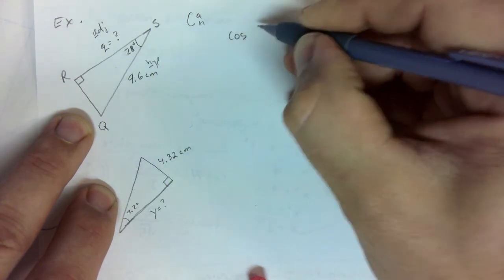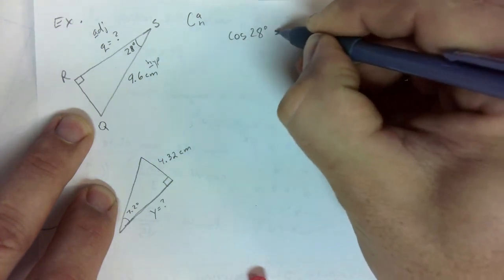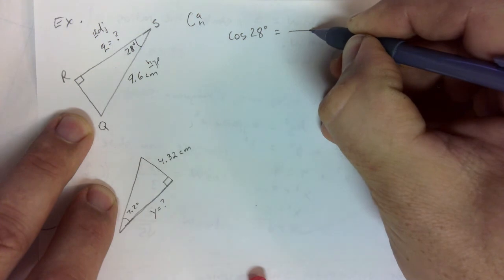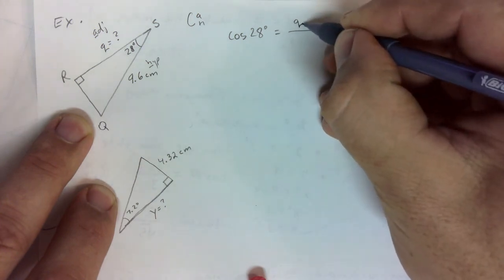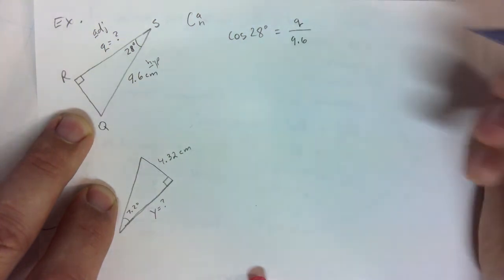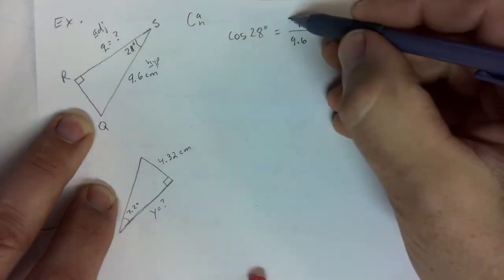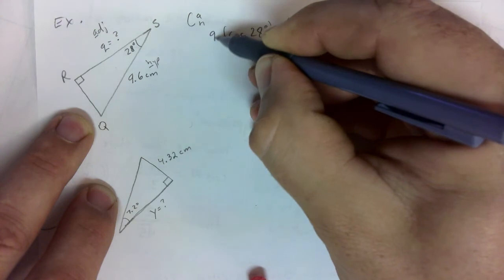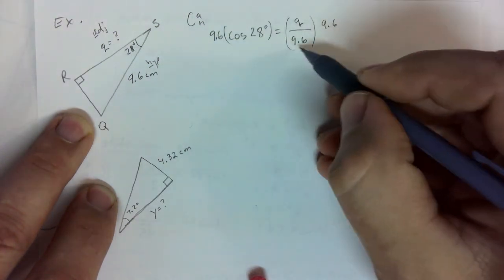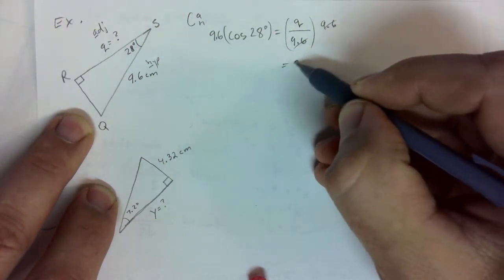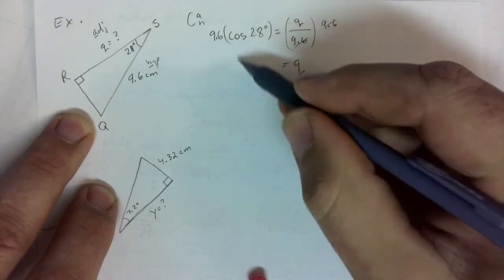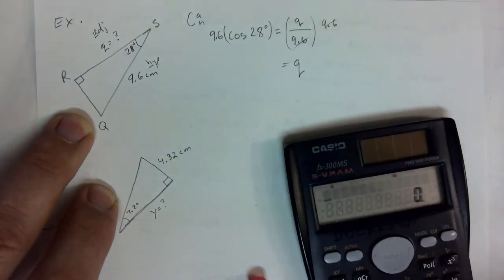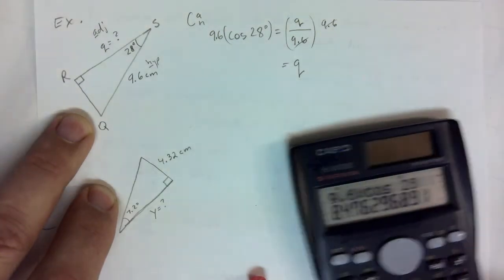So cosine of 28 degrees is adjacent, which is Q over hypotenuse, like that. I multiply both sides by 9.6. Okay, that cancels out, and so I end up with Q on this side, and you may just go and figure out what that is. No problem. That's 8.48 rounded.